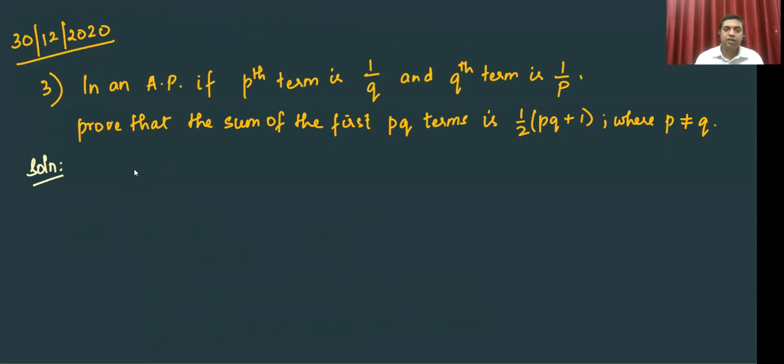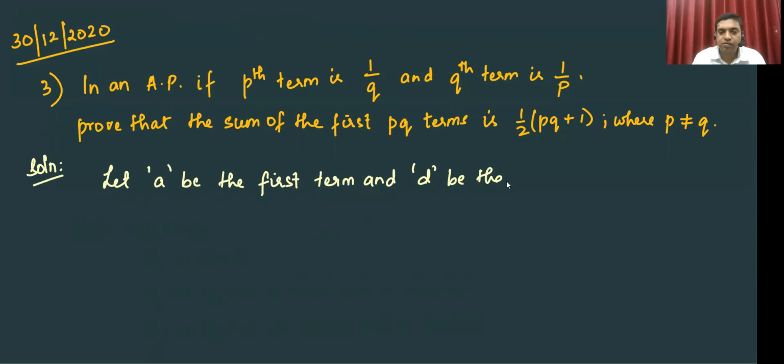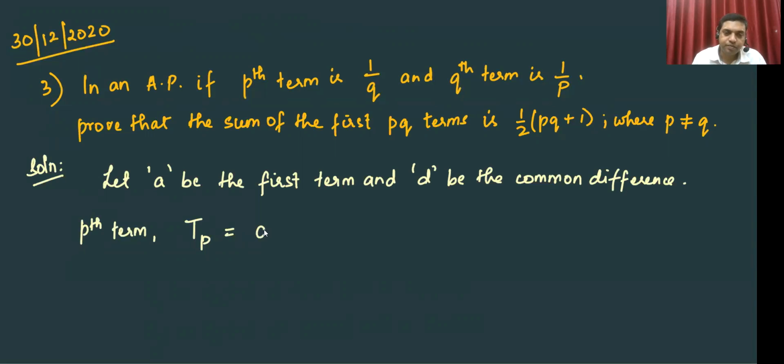So how do we do it? Let a be the first term and d be the common difference. Then the pth term, a plus p minus 1 times d, is equal to 1 by q.